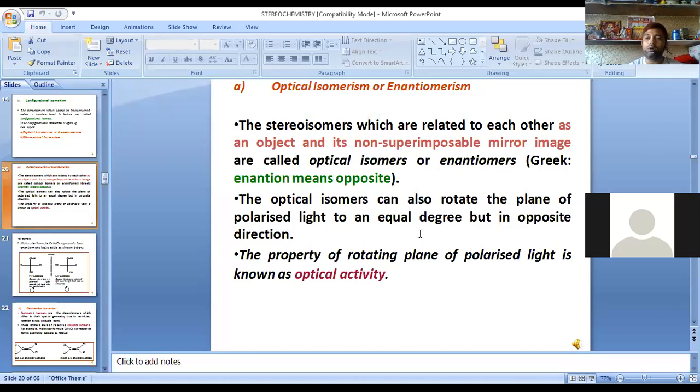If one molecule is rotating left, the other will rotate right, to an equal degree. The property of rotating the plane of polarized light is known as optical activity. Optical activity we will learn later on.